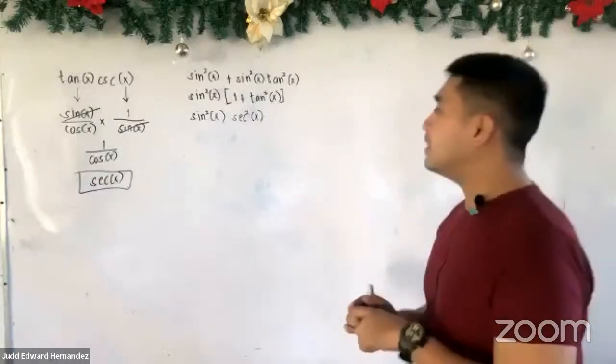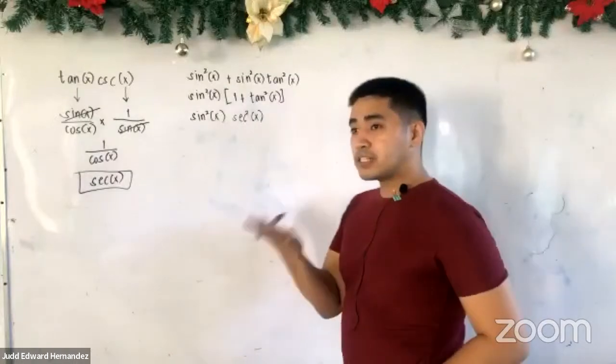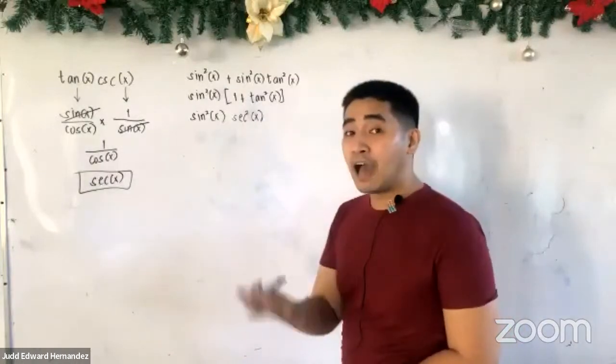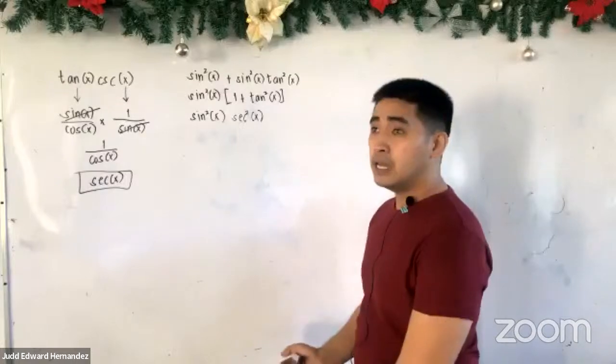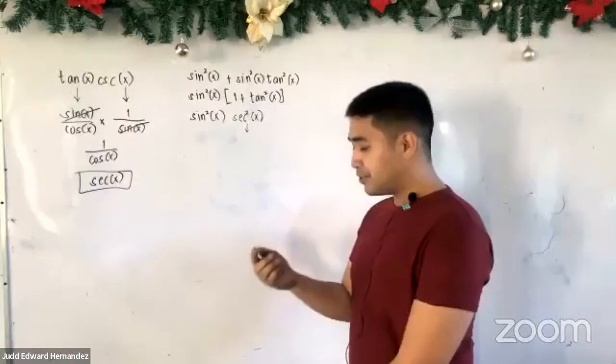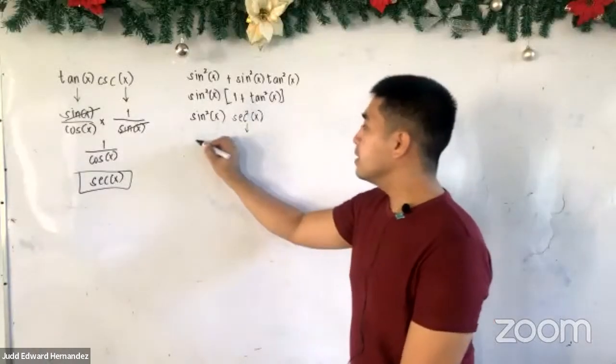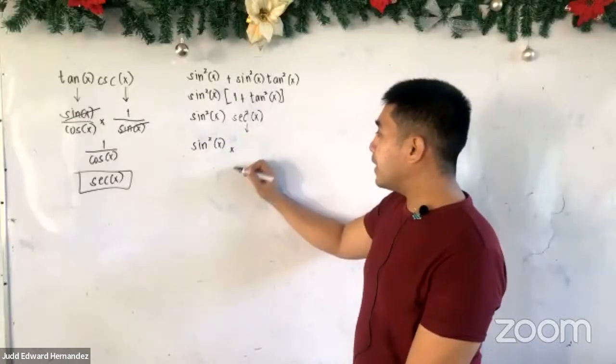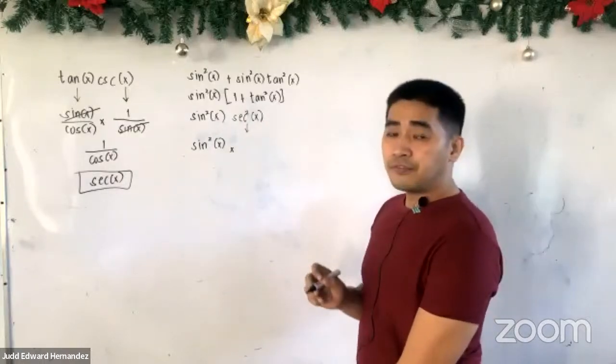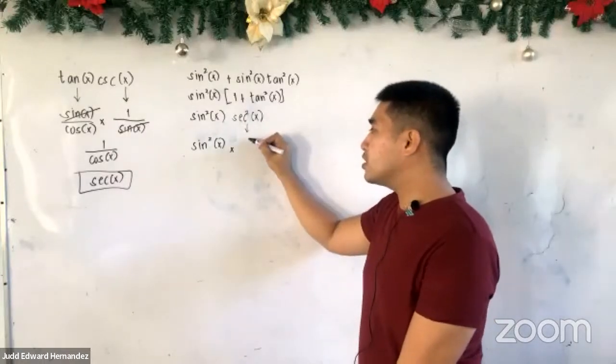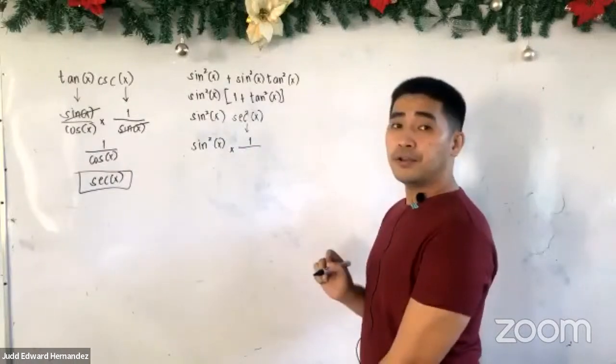But according to our guidelines, we need to express the terms so that we will be having sines and cosines. Can we express secant with sine and cosine? Yes or no? Yes, sir. Therefore, our expression would be sine squared of x, multiply that to, what is secant squared of x? It is a reciprocal identity which is equal to 1 over what? 1 over cosine squared of x.